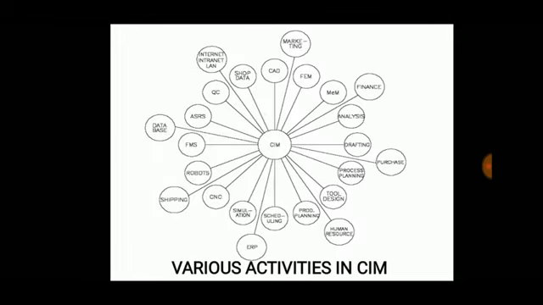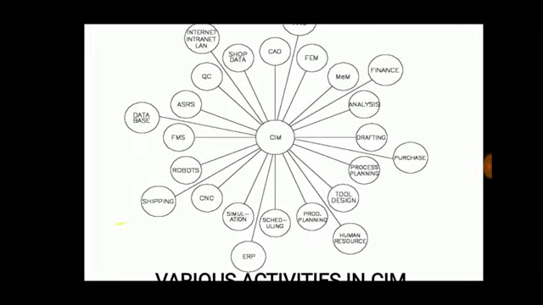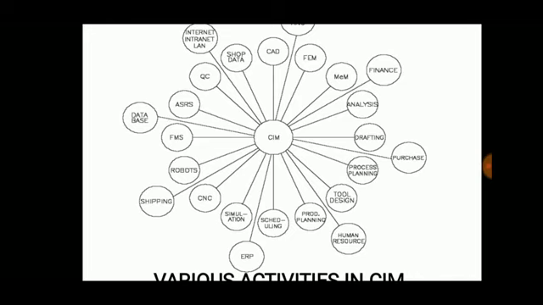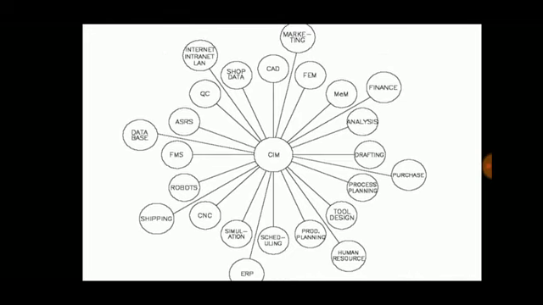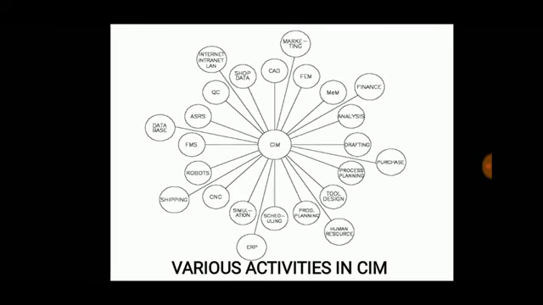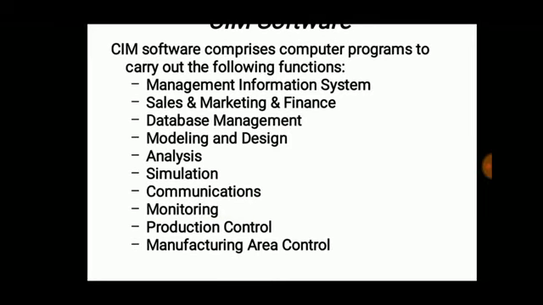Then the various activities of SIM are listed: the flexible manufacturing system, database, shipping, CNC, simulation, purchase, drafting, analysis, finite element analysis, CAD, finance, etc. These are all the various activities in the SIM. SIM software: computer integrated manufacturing needs software.